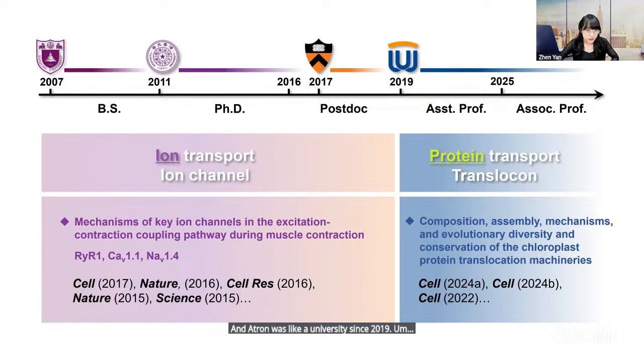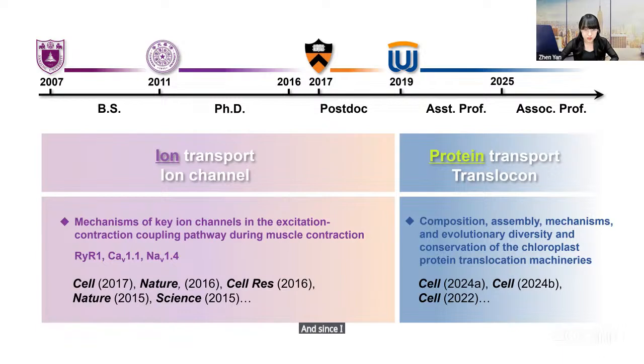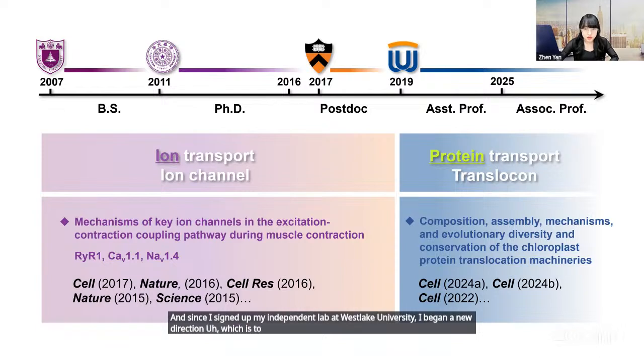During my PhD and postdoc period, I mainly focused on the functional and structural investigation of ion channels in the excitation-contraction coupling pathway during muscle contraction. Since I set up my independent lab at Westlake University, I began a new direction, which is to focus on the process of chloroplast protein translocation.